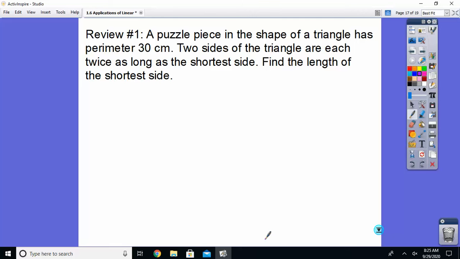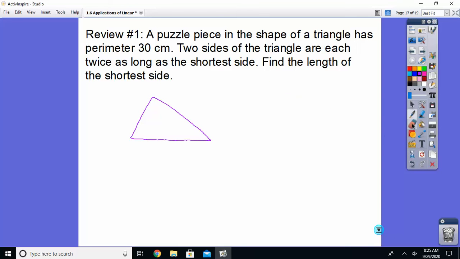So if I look at this one, a puzzle piece in the shape of a triangle has perimeter 30 centimeters. What would you do? Let's draw a triangle. Draw a picture. Okay, 2 sides of the triangle are each twice as long as the shortest side.